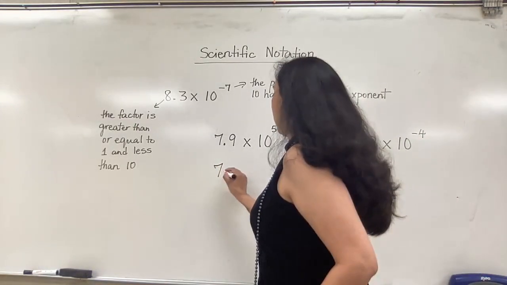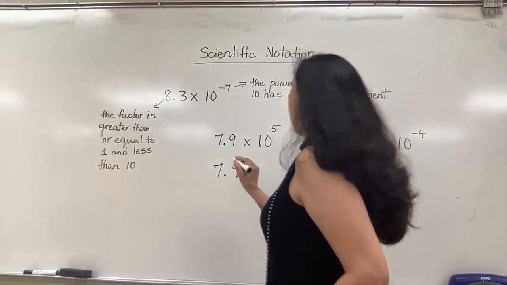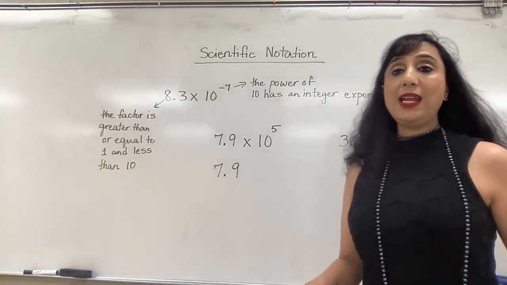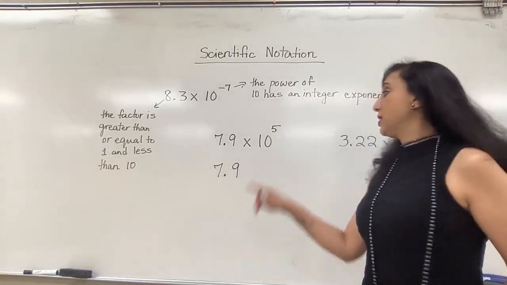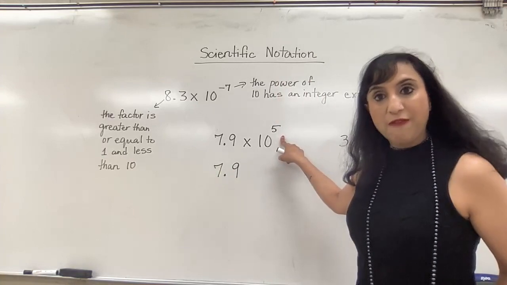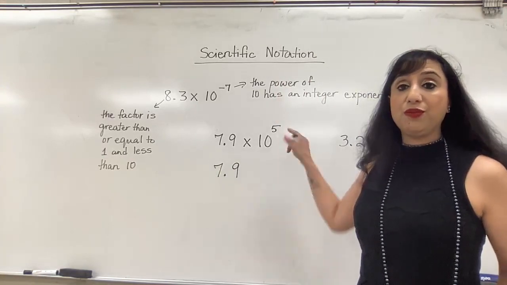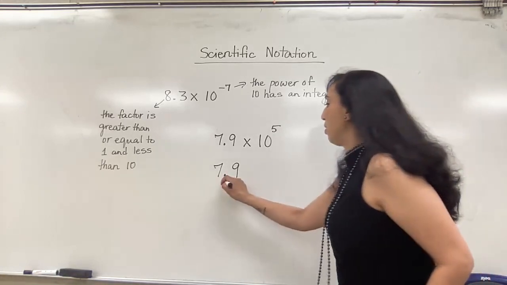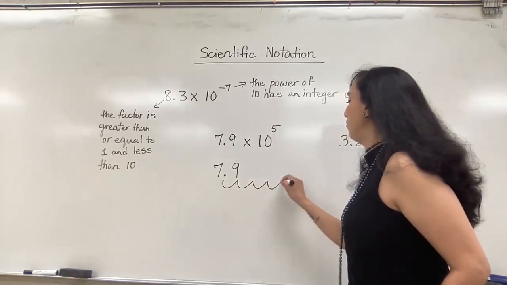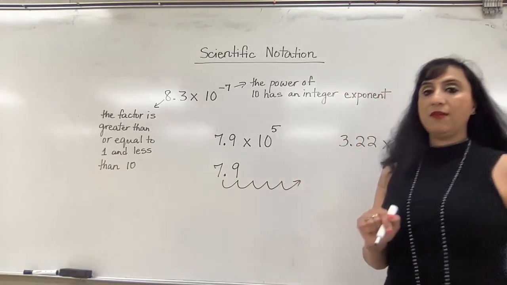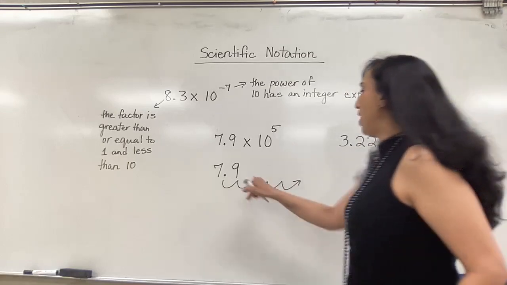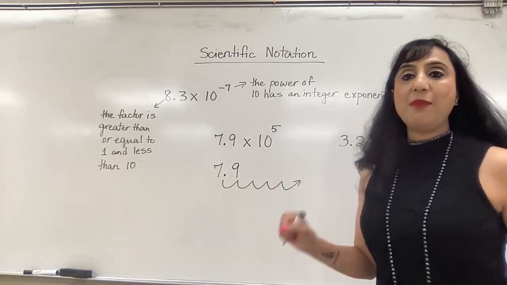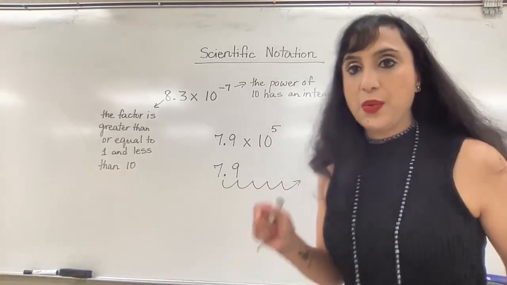If I look at 7.9, and it's telling me that it is 10 to the fifth power, I am going to move 5 places to the right. 1, 2, 3, 4, 5. And whatever I don't have over here, I am going to annex zeros.